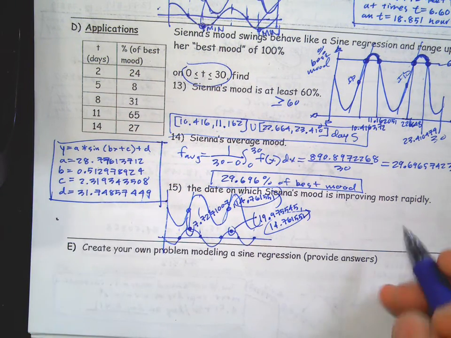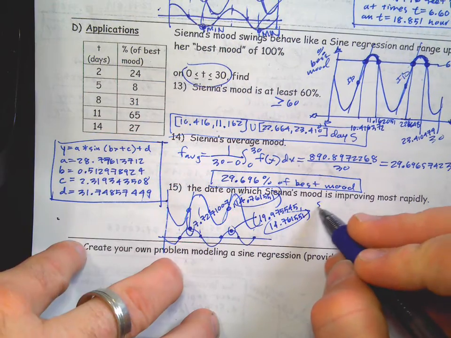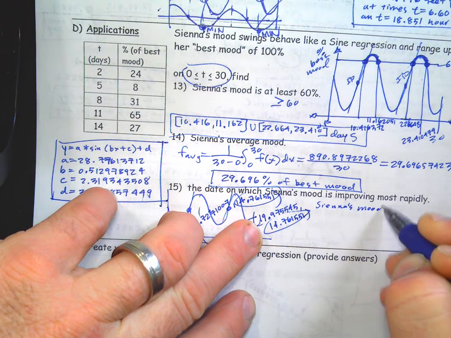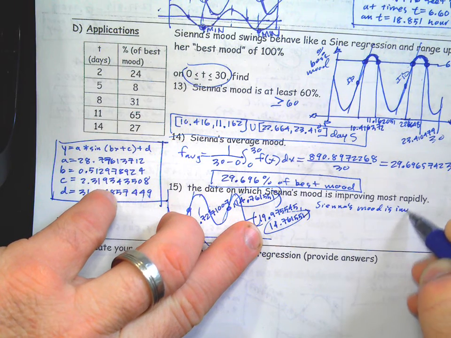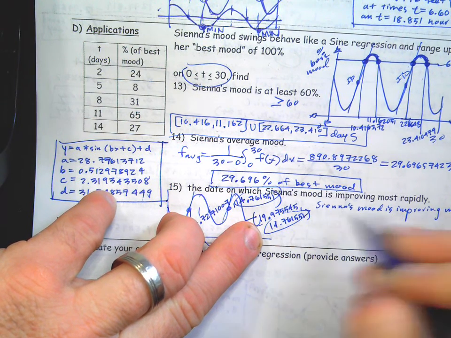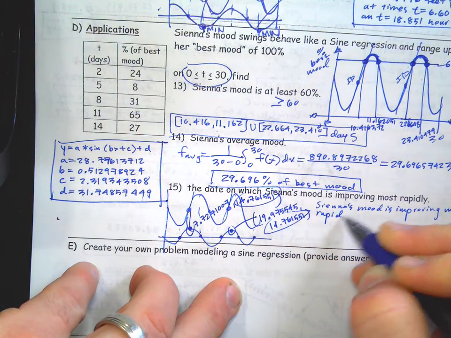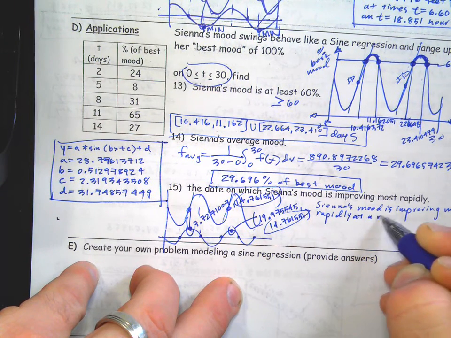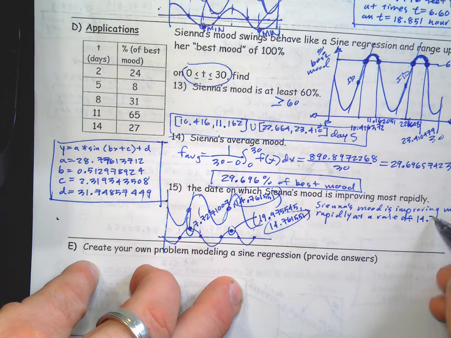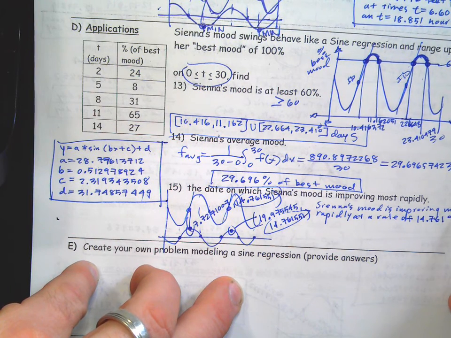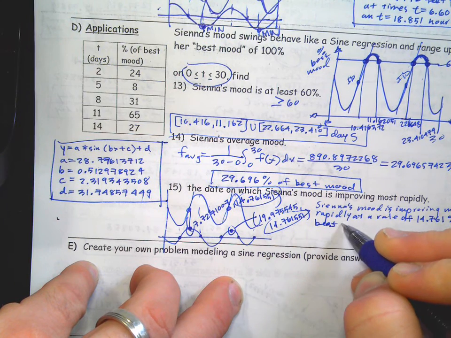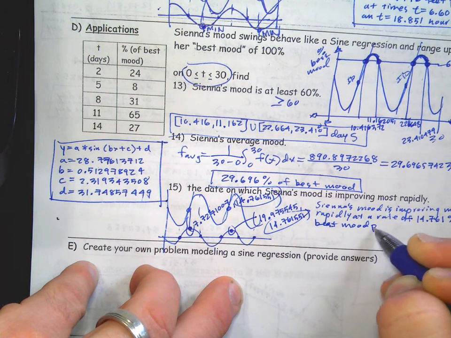So we're going to say Siena's mood is, this is the way I want you to write these answers, improving most rapidly at a rate of 14.761% of best mood per day.